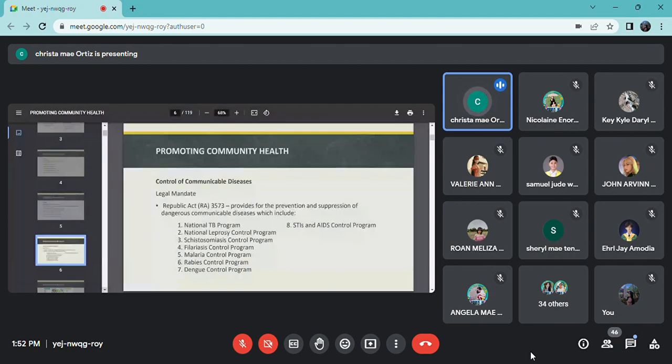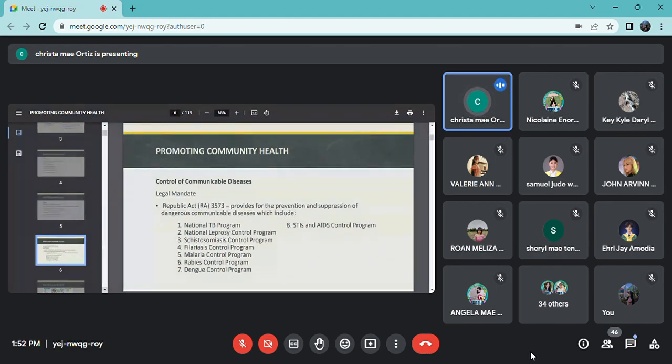Usually these programs are seen at times in our rural health units, the RHUs. They post posters or online updates regarding these programs, especially when it is the season of that specific disease.